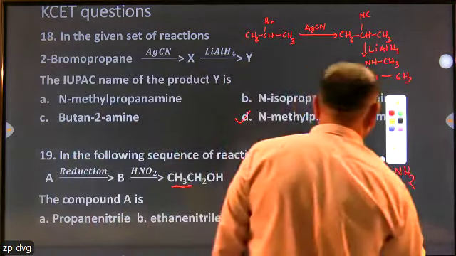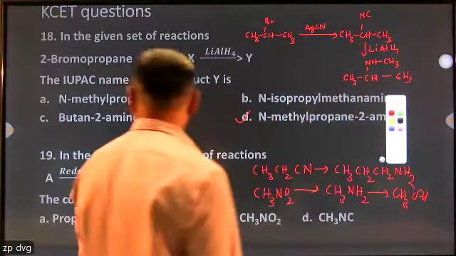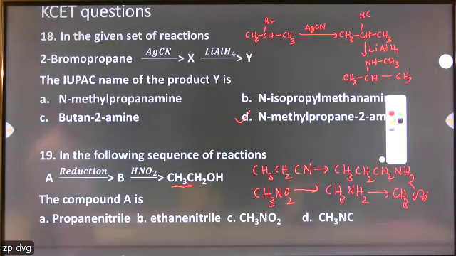That upon treating with HNO2, you get methyl alcohol. So the option is not there in this.